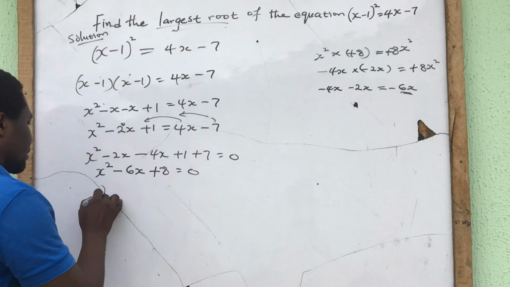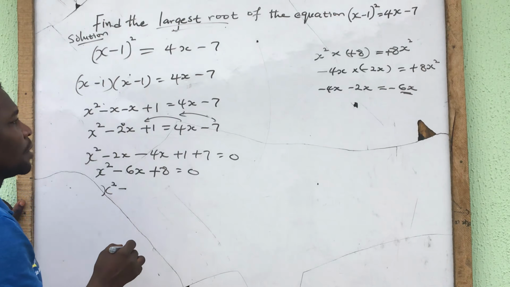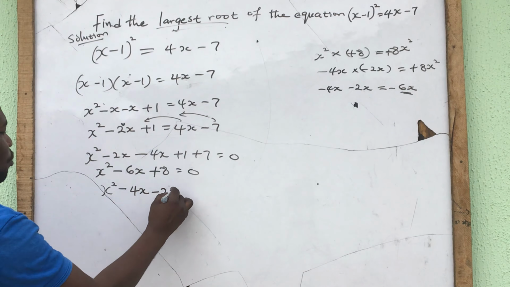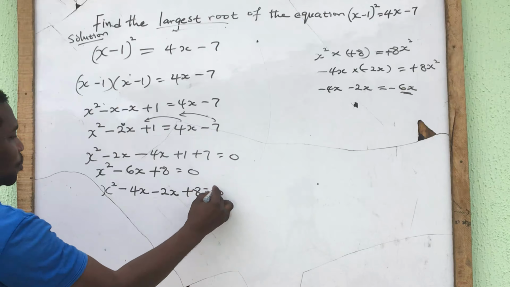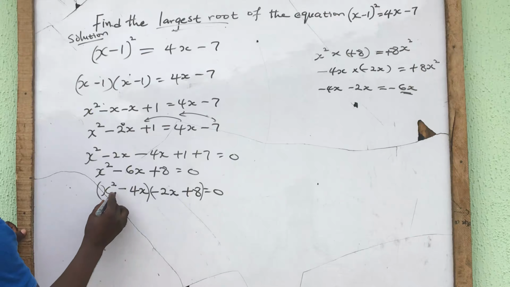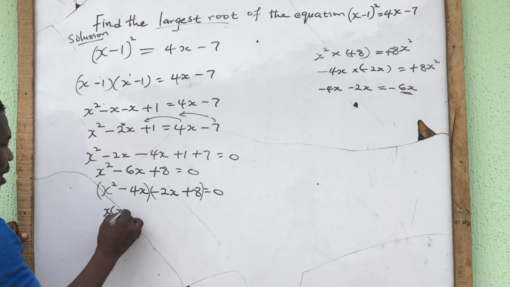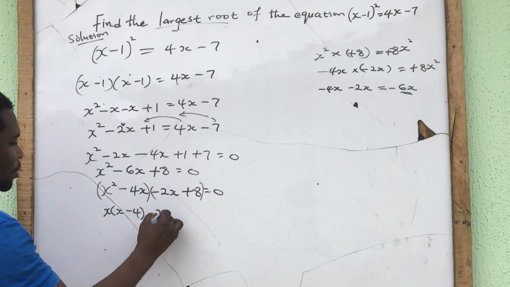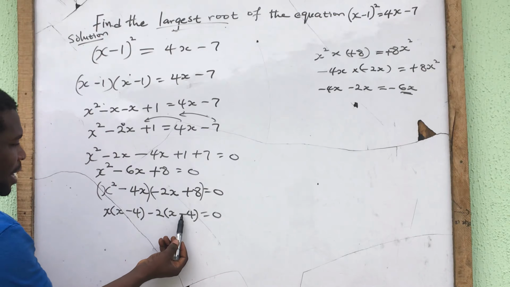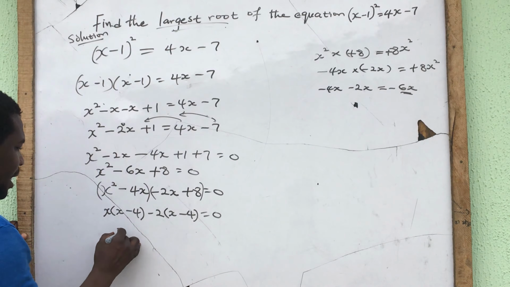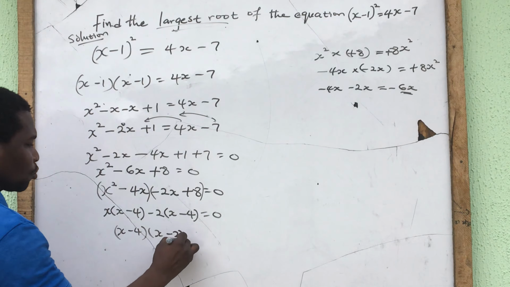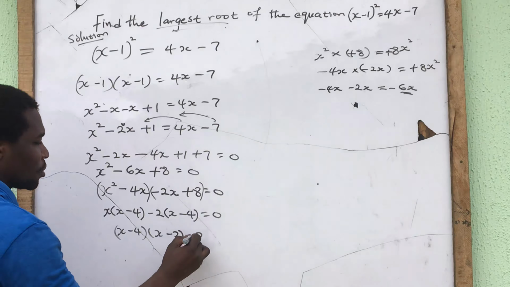So x squared minus 4x minus 2x plus 8 equal to 0. Let's group them. So this is x into (x minus 4) minus 2 into (x minus 4) equals 0. That is (x minus 4) times (x minus 2) equals 0.